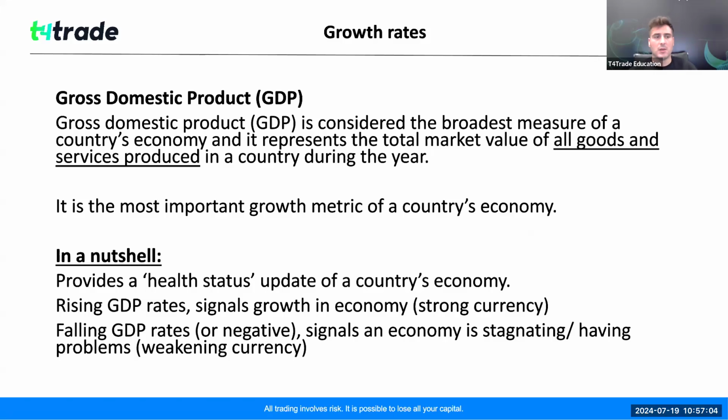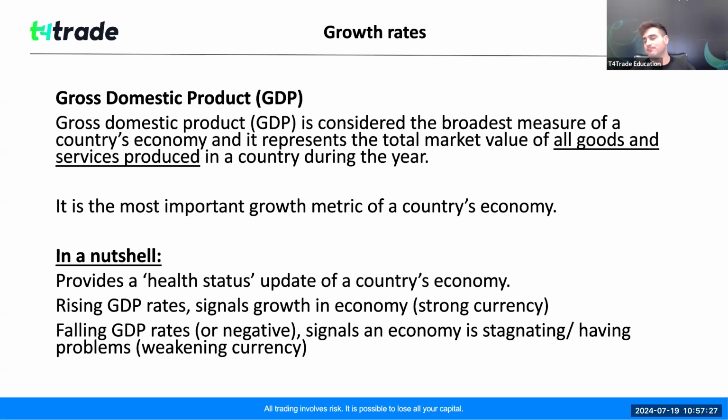So GDP, hopefully you are familiar with the term, is what we call the gross domestic product. GDP is an abbreviation of gross domestic product, which is considered to be the broadest measure of a country's economy, and it represents the total market value of all goods and services produced within a country during that year.